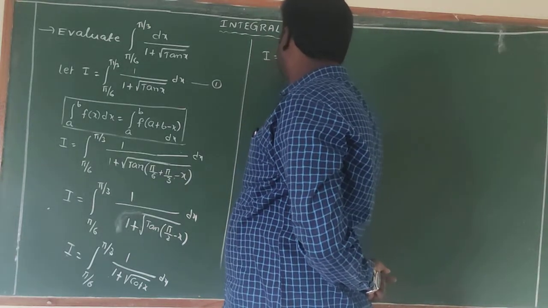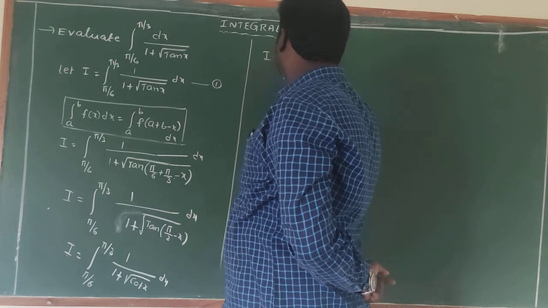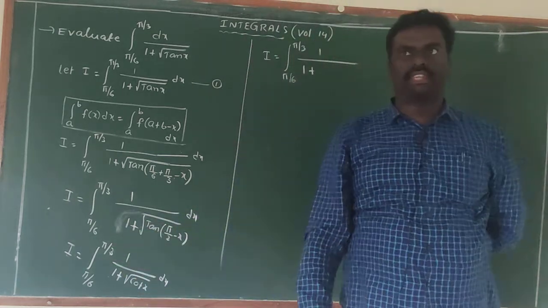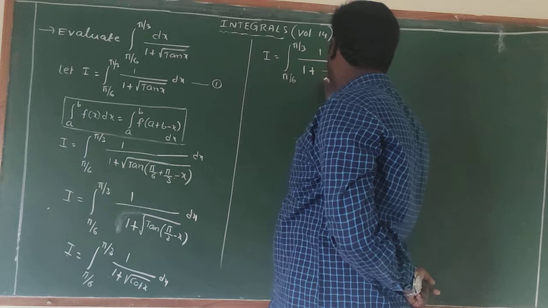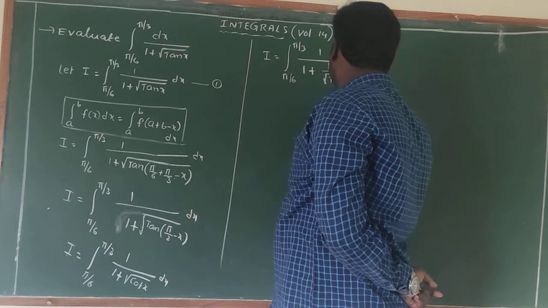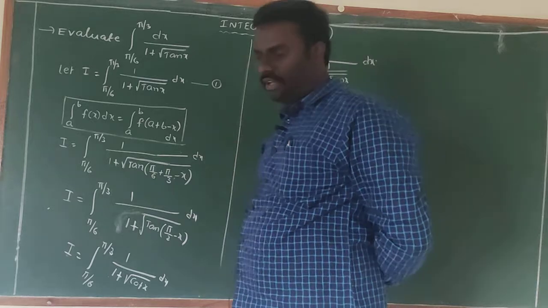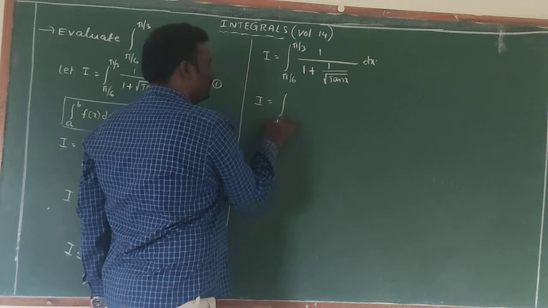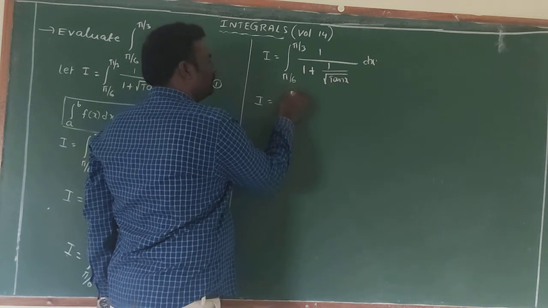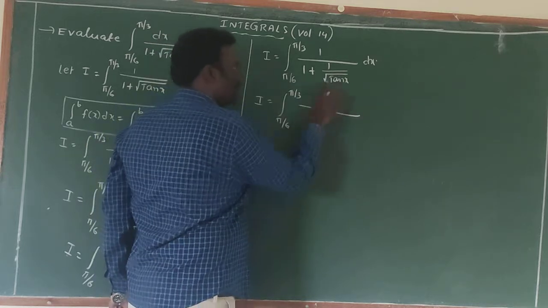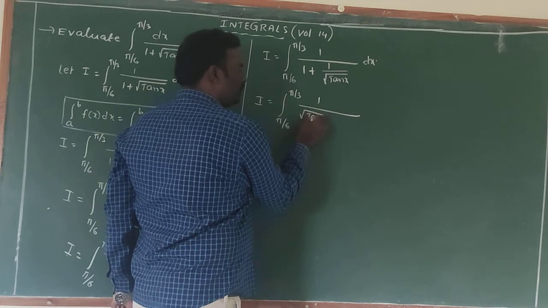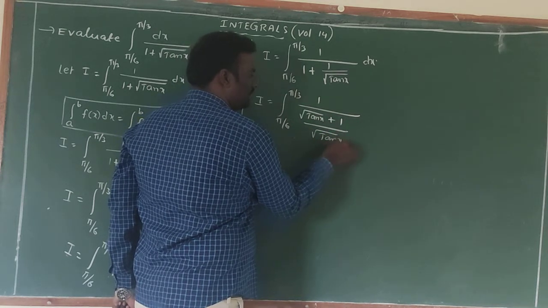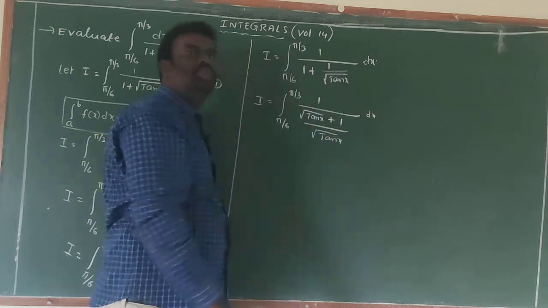I equals integral pi by 6 to pi by 3, 1 by 1 plus root cot x, which can be written as 1 by root tan x, because cot is the reciprocal of tan. Now take the LCM. I equals integral pi by 6 to pi by 3, 1 by root tan x into root tan x plus 1 by root tan x dx. Now this root tan x goes to the numerator.